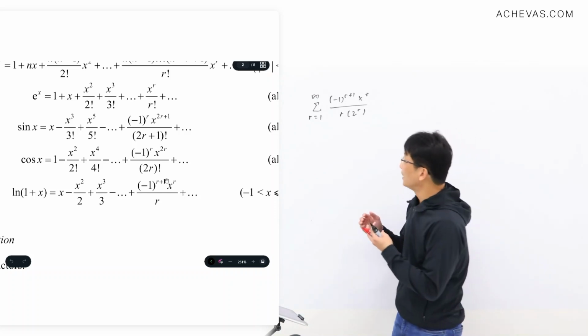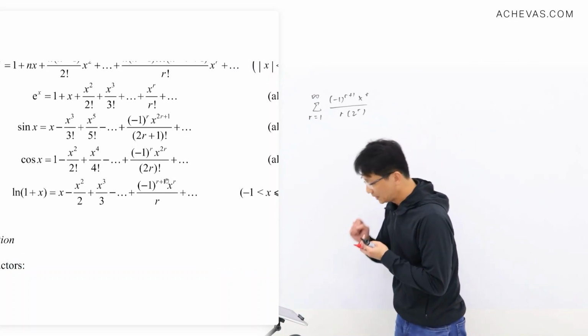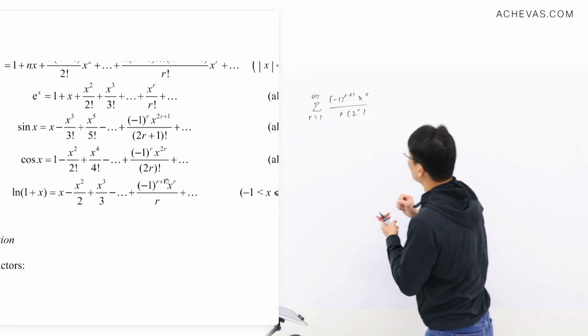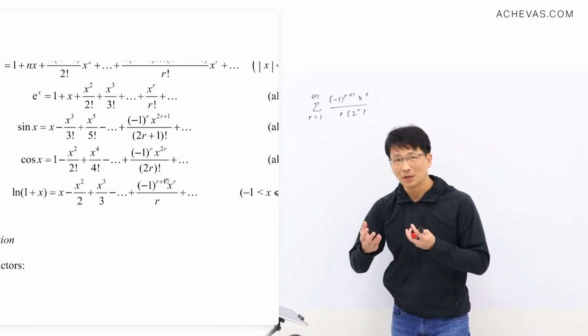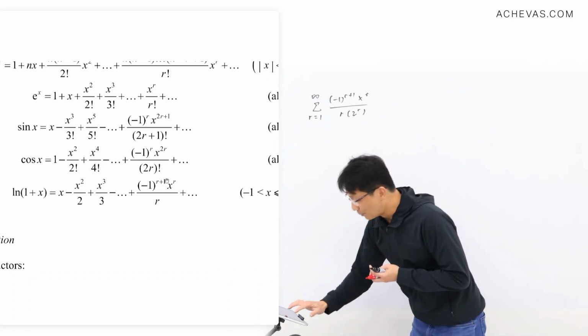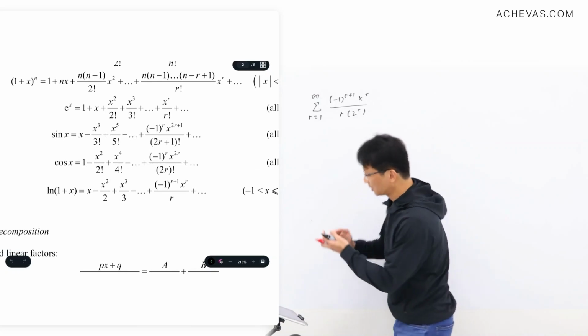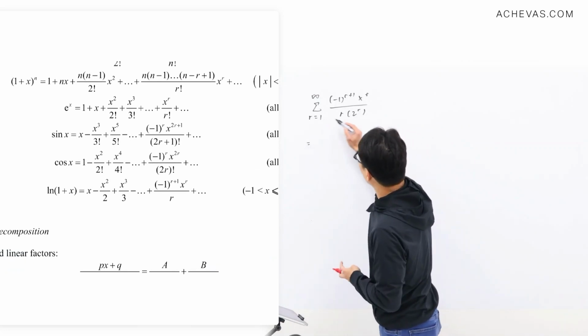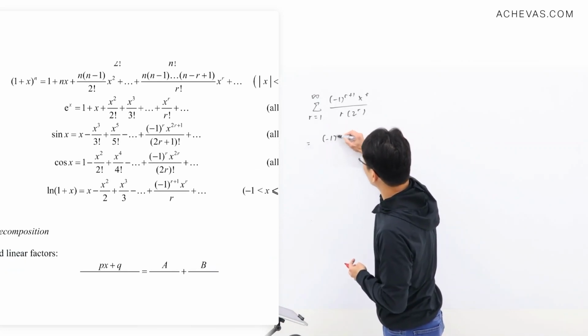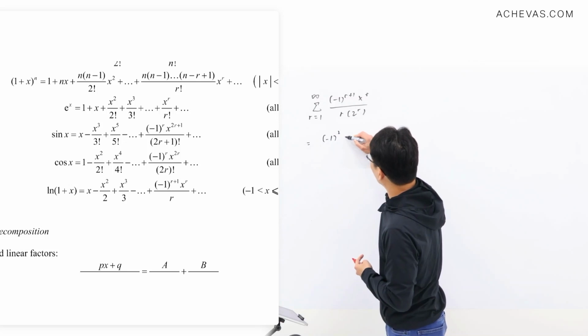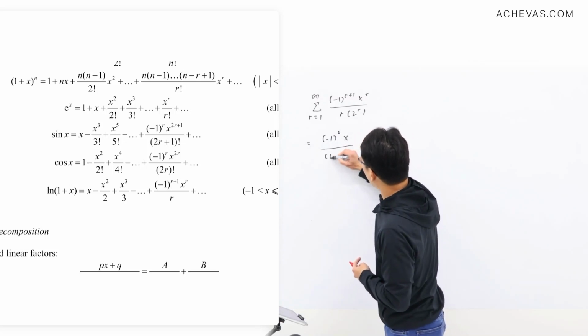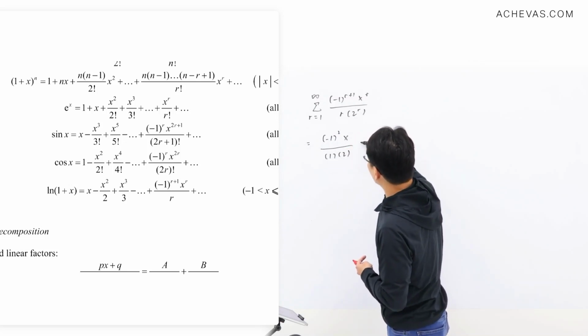Anyhow, if you are not able to see it so quickly, we can substitute in the first few terms and see which one matches the closest. When r equals 1, I substitute in and get minus 1 squared, x over 2, 1.